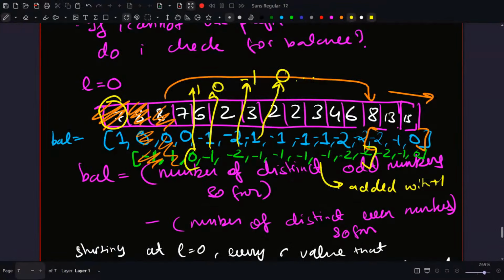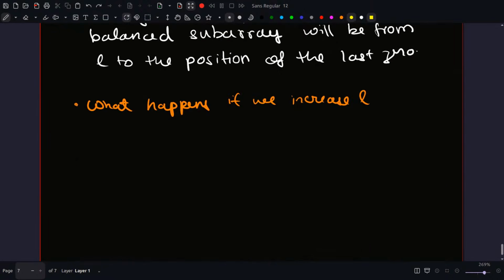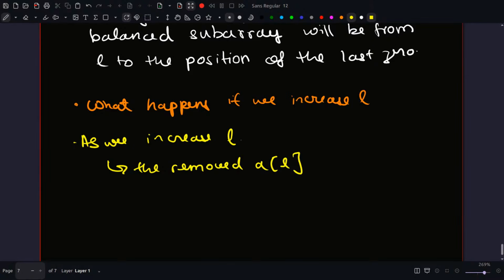So basically the segment tree can handle a +1 or -1 operation over a range, and that's going to keep our balance array in sync as we increase L. For the removed element, A of L, we can find the next occurrence of A of L using some map or something.